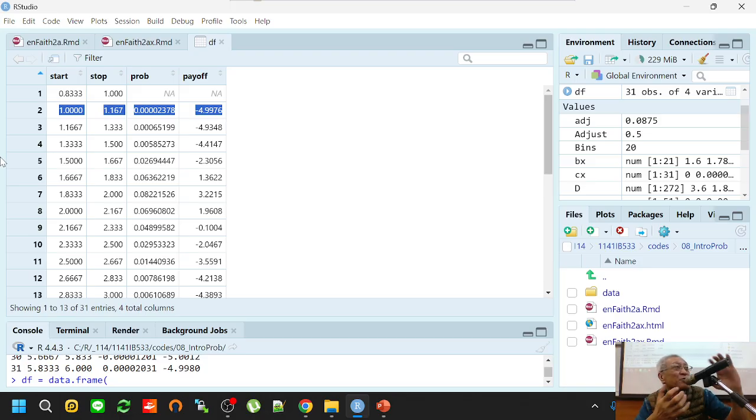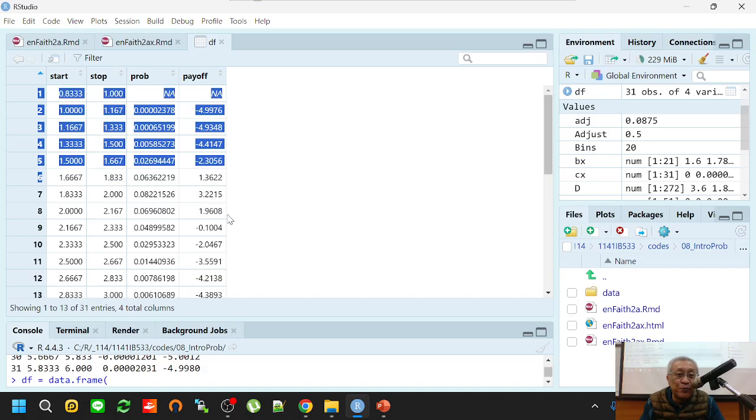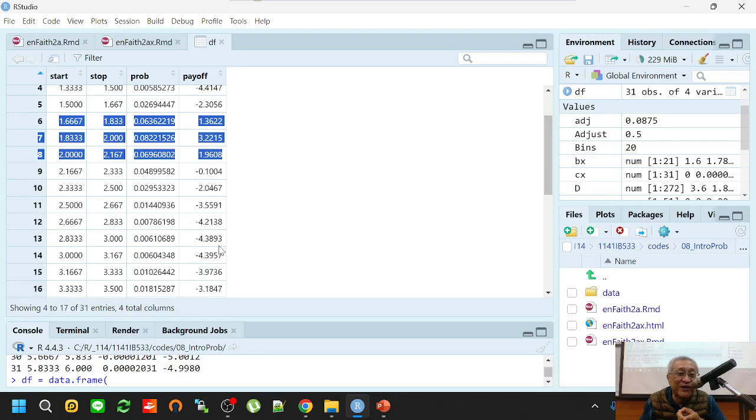As I said, when you are facing uncertainty, you make a decision by the expected value. When the expected value is negative, you don't want to do it. Here, as you can see, these are negative, but starting from here you will see a few positive ones, and then it goes back to negative again.